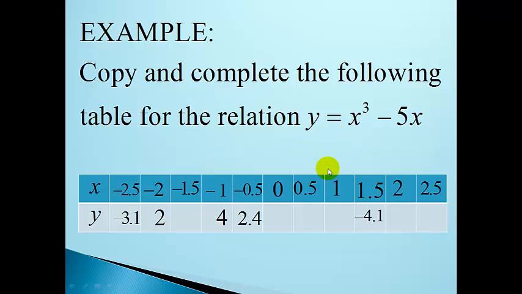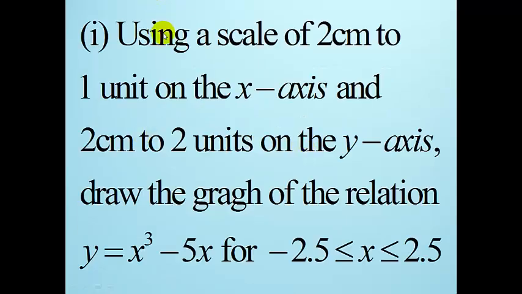So you can even pause, complete the table before you continue. Now, continuation of the question: using a scale of 2 centimeters to 1 unit on the x-axis and 2 centimeters to 2 units on the y-axis, draw the graph of the relation y equals x cubed minus 5x for minus 2.5 less than or equal to x less than or equal to 2.5.